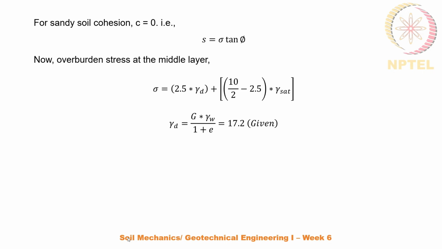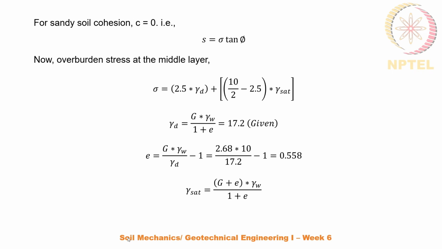Now we know that dry unit weight is equal to G gamma W by 1 plus E, which is given as 17.2 in the question. So E is equal to, rearranging, G gamma W by gamma D minus 1. That is 2.68 into 10 by 17.2 minus 1, which is equal to 0.558.